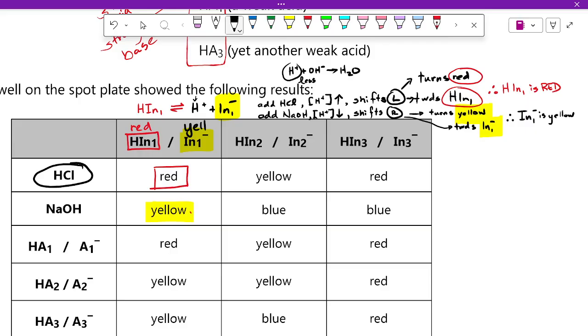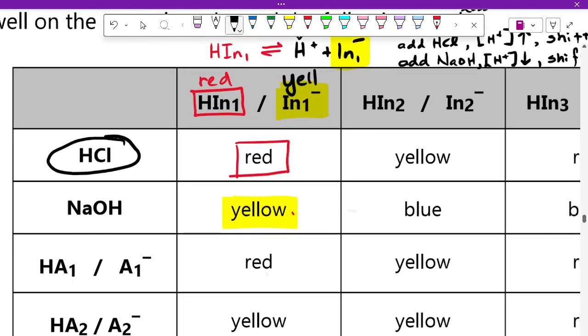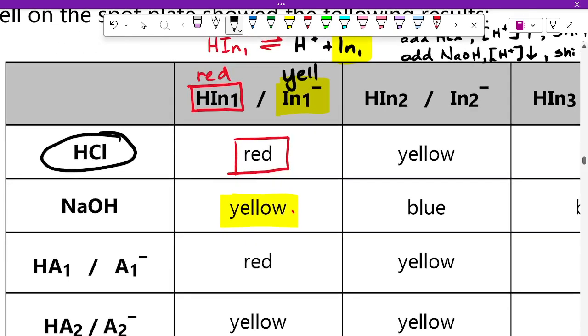If you're having trouble figuring it out, if you add H, which form are you going to get more of, the H form or the no H form? You've added more H, you're going to get the H form. So that means that the H form must be yellow.